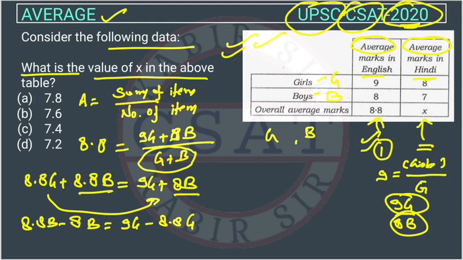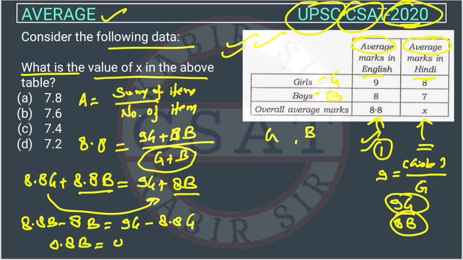So this will be equal to 0.8B is equal to 0.2G, right? From this point, 0.8 upon 0.2, G upon B is equal to G. So this will cut 4 times. So G is equal to 4B, right?